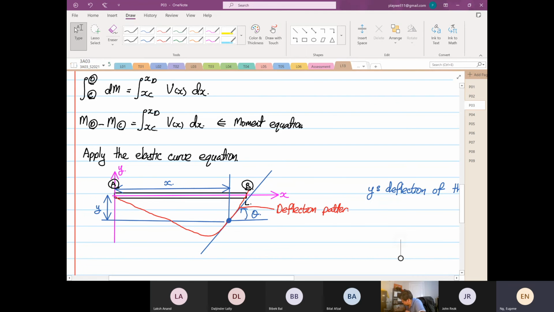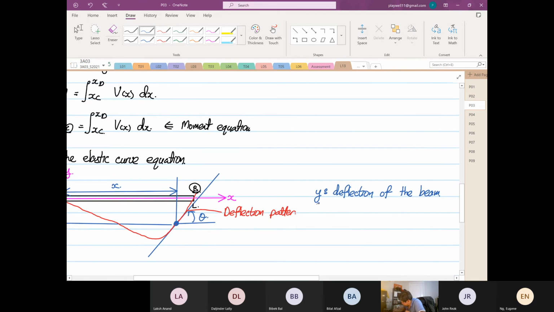So theta is the slope of the deflection. And you can see it's derived mathematically in that sense. So anti-clockwise is positive.